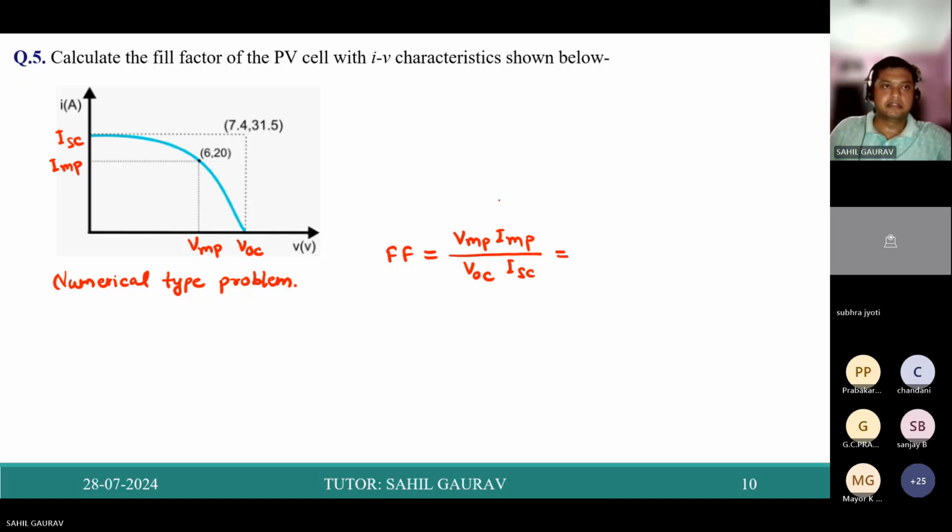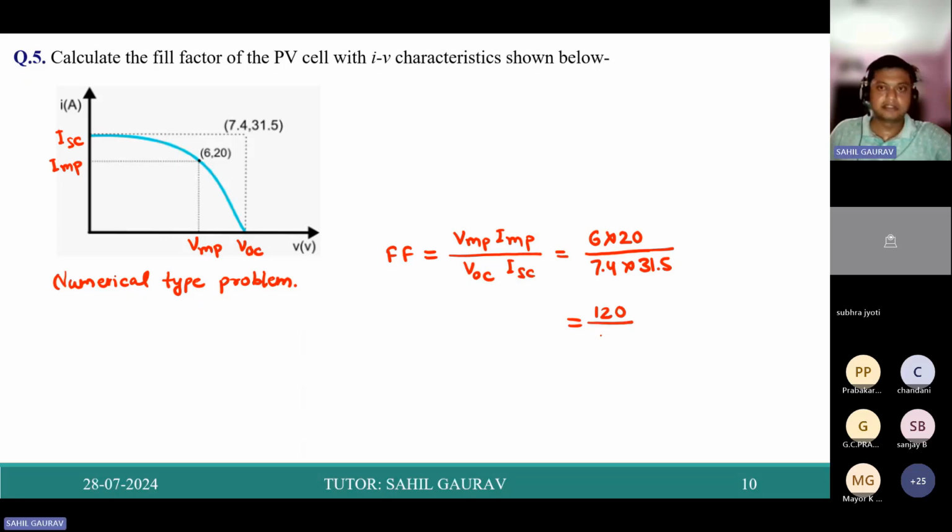So the maximum power point voltage is 6 and the maximum power point current is 20 ampere. The open circuit voltage of the PV cell is 7.4 volt and the short circuit current of the PV cell is 31.5 ampere.